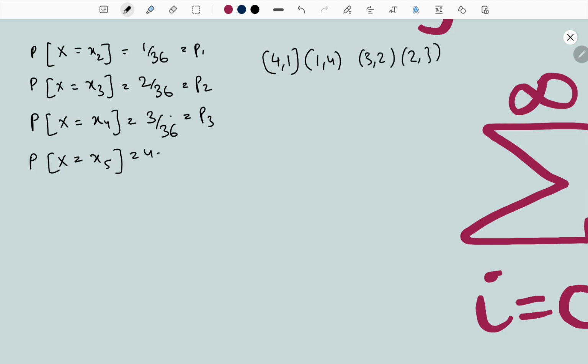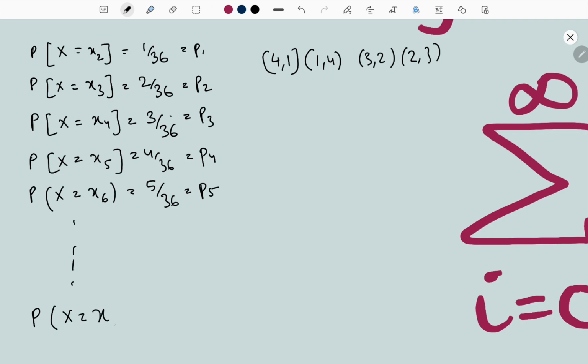So 4 by 36, p4. X equal to x6 will be 5 by 36, p5. This will continue further till we get outcome number 12, which will be 1 by 36, because only one outcome is possible, which is (6,6), and this will be p12.